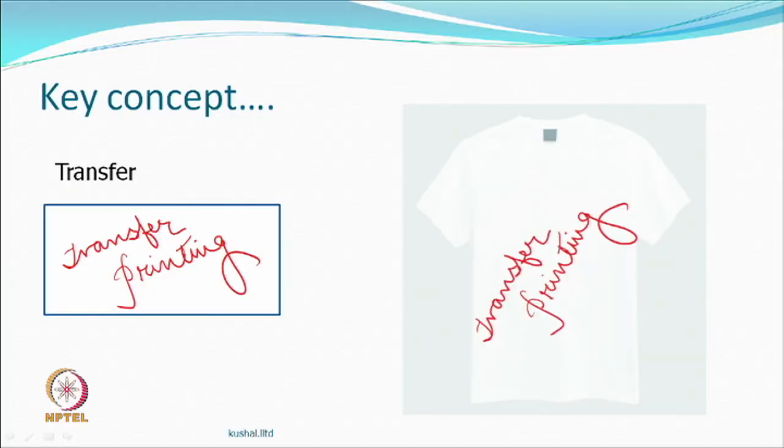And it so happened over a period of time, while the printing of paper was going on and the printing of textile was going on, the paper printing technologies and systems got designed and developed much better for various reasons, and this is to utilize that knowledge for the textile purpose. So, transfer printing. So, this is where we look at a key concept.